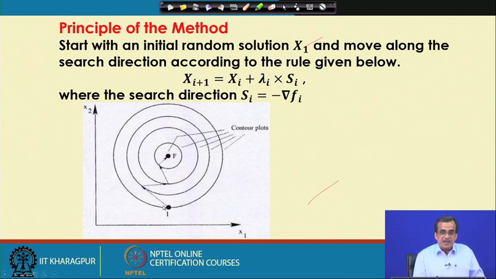Supposing that at the beginning the algorithm is here. It will try to find out the search direction for the next iteration, and it will try to move along the gradient direction. Once again it will try to follow the gradient direction, and gradually it is going to reach that particular minimum solution. This is the way this algorithm, starting from a random initial solution, will try to move towards the globally optimal solution.